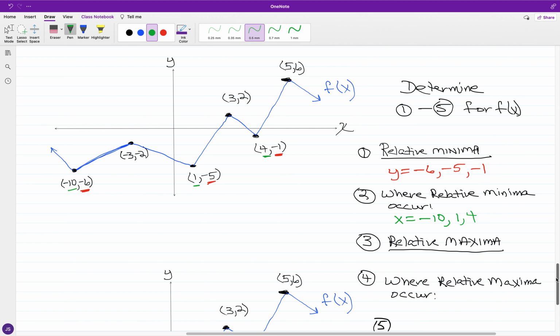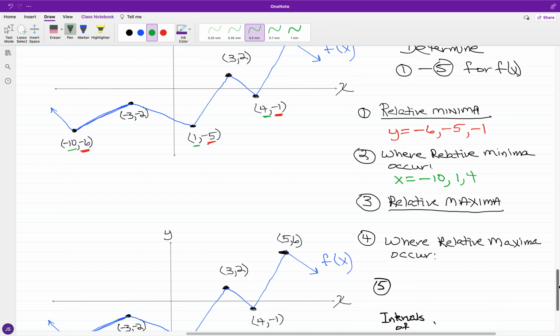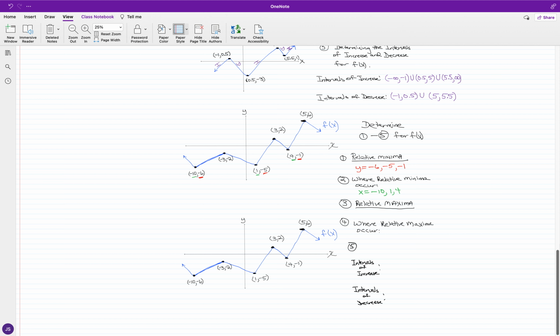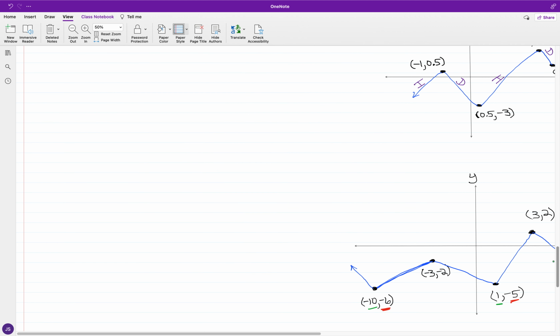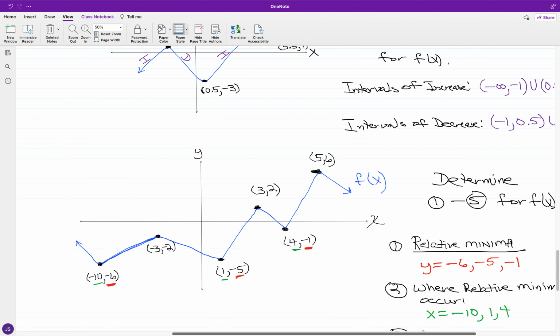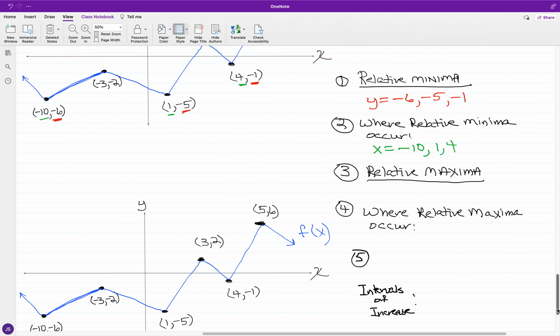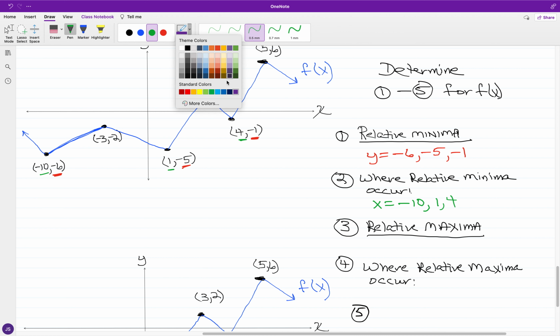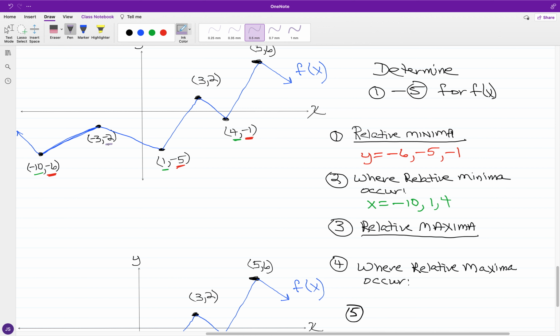And concerning the relative maximum, once again, those are going to be the relative peak points. So for the relative maximum, those are going to be the peaks. Let's see, we have y at -2. We have the next relative peak at y equal to 2.